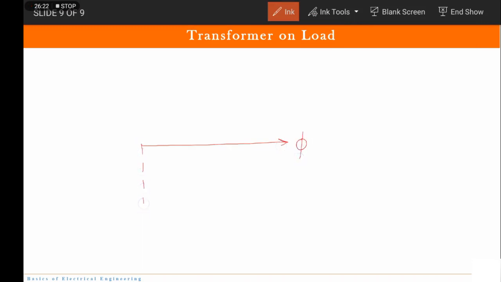Let me take a reference here, otherwise it would be very difficult for me to draw. Now I will draw V2. V2 will not come on the y-axis directly, because now we have winding resistance and leakage reactance also. So V2 goes here. Now here is my V2.